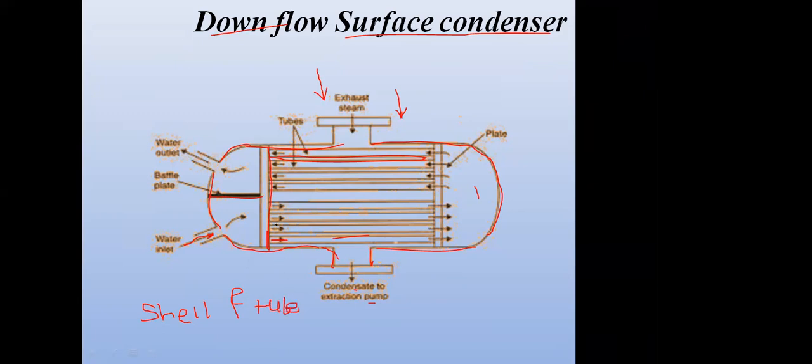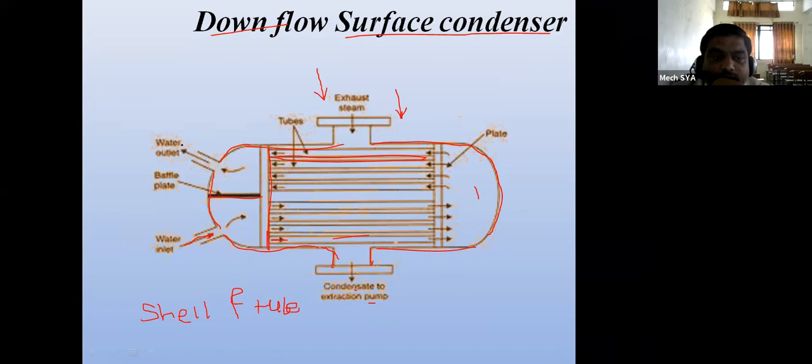Here, hot water leaves through the tube at one end, and cooling water enters at the other end. There is no mixing of the water and steam. Only with the help of heat transfer does the heat exchange take place, and the steam gets condensed at the bottom and is removed with the help of the condensate extraction pump.